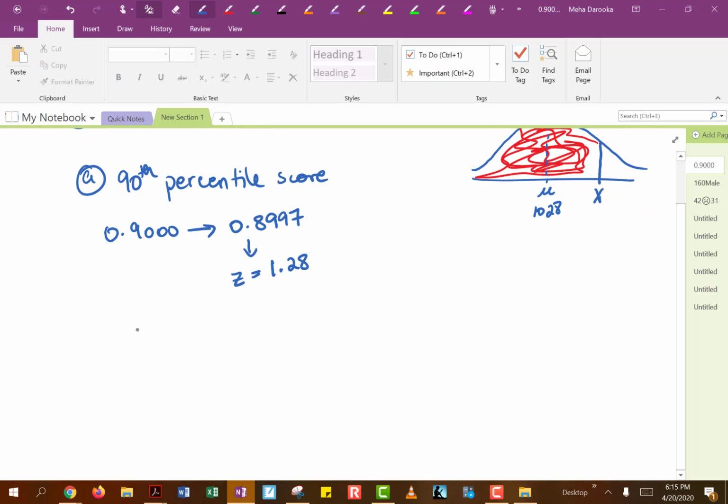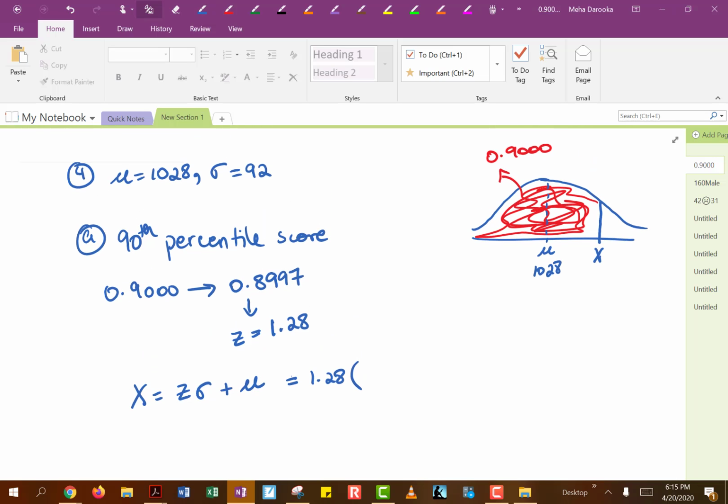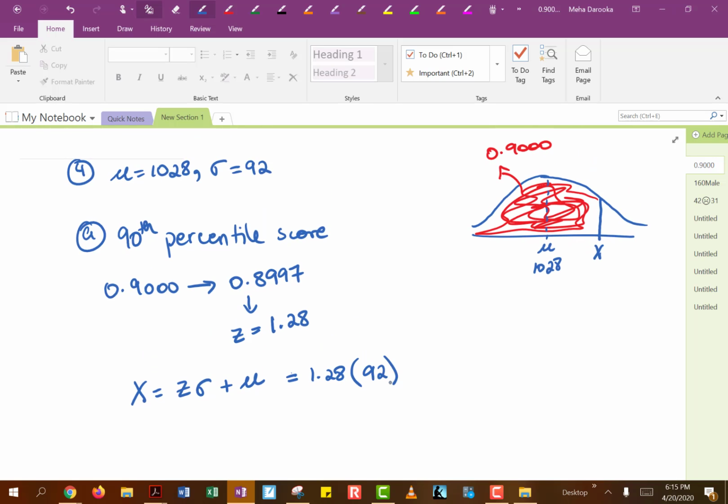So this is where we use this formula where you take the z-score, multiply it with sigma, and add the mu to it. So of course our z-score is 1.28. They're telling us our sigma is 92, and then we are adding the mu value, which is 1028.